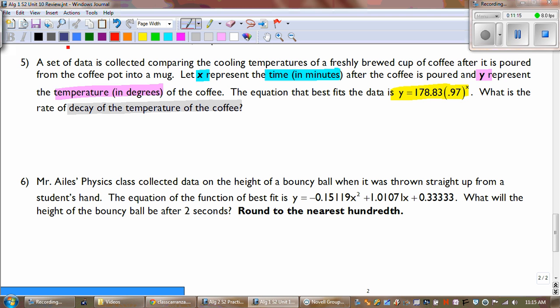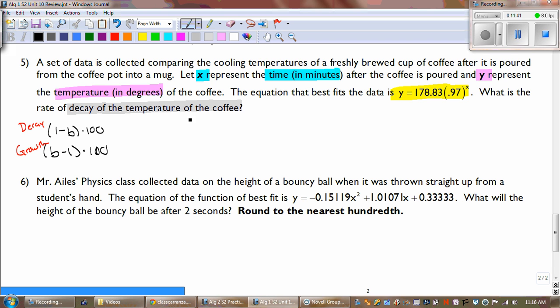So the two formulas that we talked about were (1 minus b) times 100 or (b minus 1) times 100. One of those was growth and the other was decay. For decay, it's the first one. So this is the decay and here is the growth.